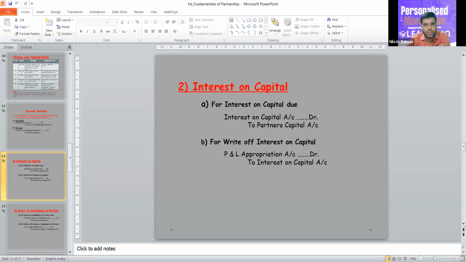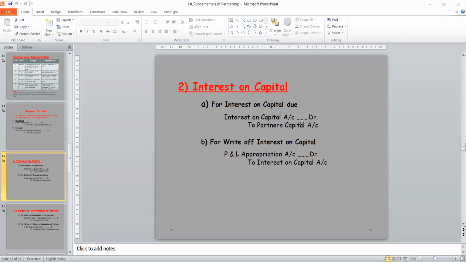No, not employee, we have partners. Yes, partners. The partner is investing their money into the business, so we have to give interest to partners. That's why interest on capital is an expense, or you can say appropriation. Expenses are debited as per the rules of nominal account. So interest on capital account debit to partner's capital.